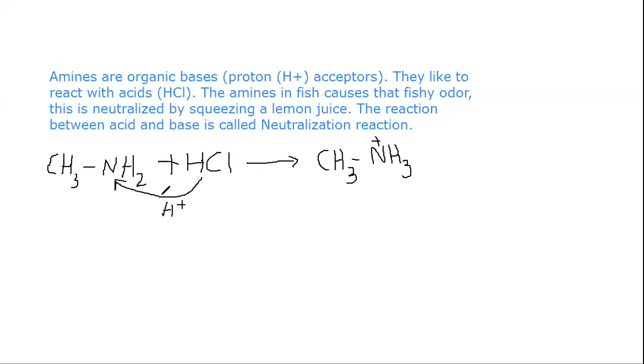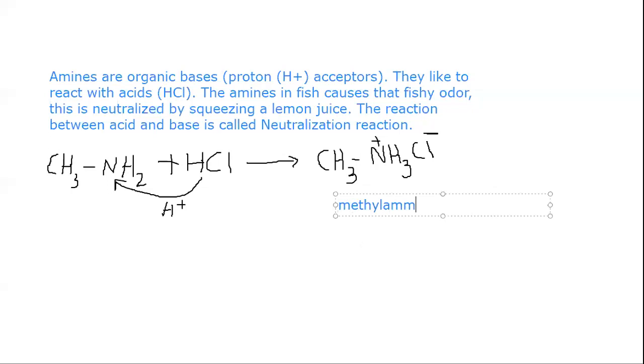Now the positive charge left, what is remaining on chlorine? Negative charge. That negative charge balances this positive charge and stays next to it. Or you can write plus Cl minus, it doesn't matter. So the name of this compound is methyl. Now please look here. Nitrogen has 4 bonds with positive charge.